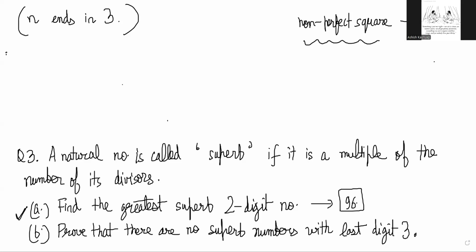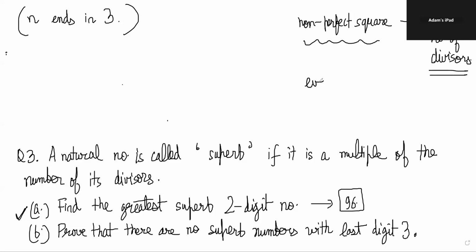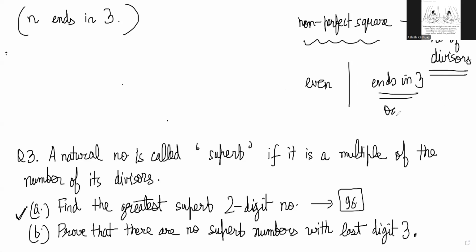Basically, a non-perfect square will have an even number of divisors, and an even number can't divide an odd number. Even number cannot divide a number that ends in 3. And this number is ending in 3, it's odd. So therefore, for non-perfect squares, it doesn't work, right?